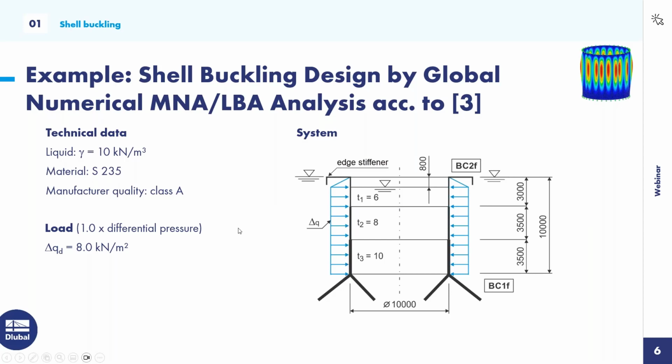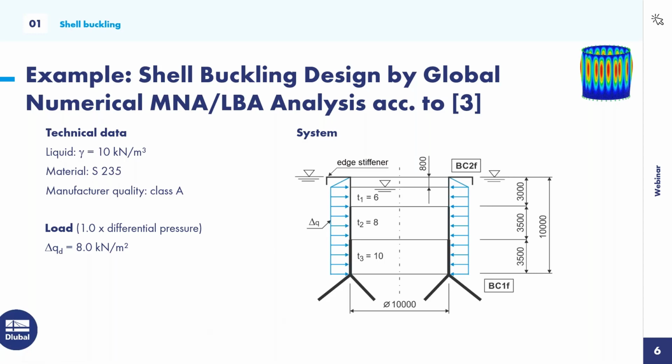And we apply the load difference, 8 kilonewton per square meter in that area, and a triangular load in that area. Only the load difference as design load. Okay. Yeah, and we enter in RFEM only the silo walls, including the boundary conditions for shells according to Eurocode 3, part 1-6, and of course the load.